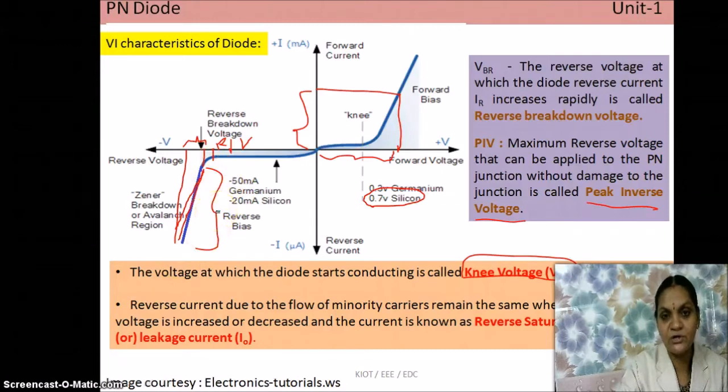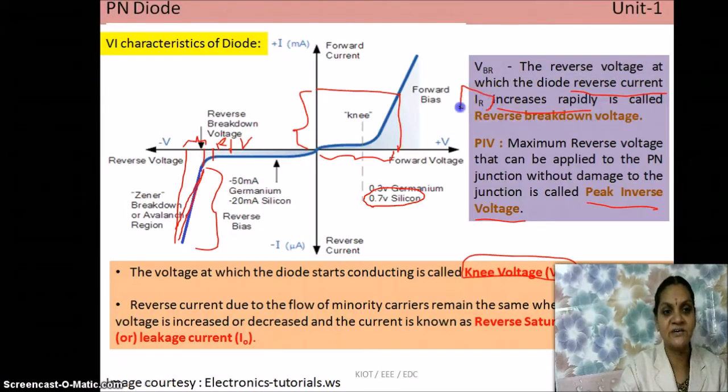So we should not increase the reverse voltage beyond the peak inverse voltage. If we increase it, the diode will go to permanent damage. We can't reuse the diode again. So that is the outcome from this reverse bias. The reverse breakdown voltage is defined as the reverse voltage at which the diode reverse current increases rapidly.